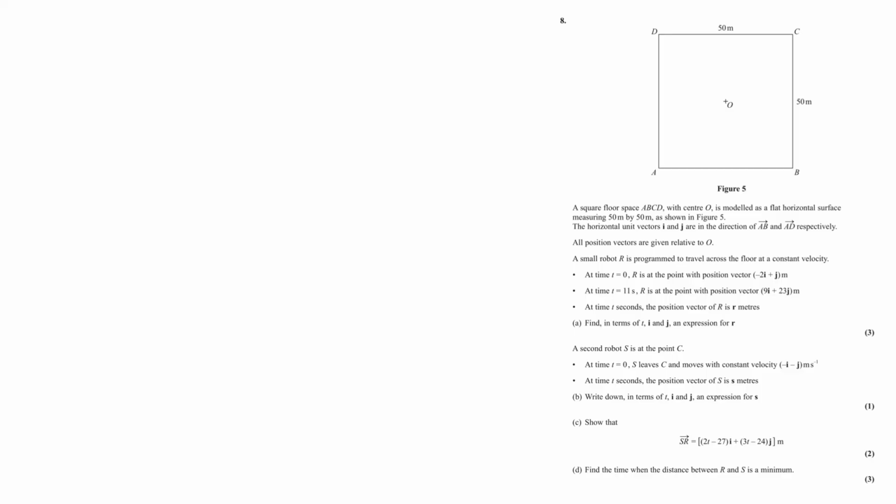So for part A, we're going to think from O, it's gone to 2 points, so minus 2i plus j, and 9i plus 23j.